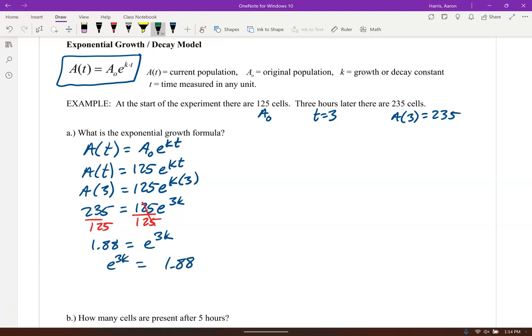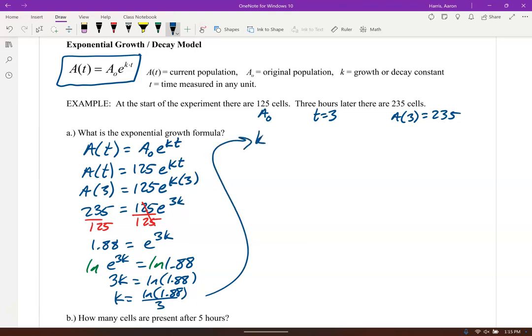Now I've got to undo e, so I'm going to take the natural log on both sides. So 3k equals the ln of 1.88. Now I divide by 3 on both sides. So ln of 1.88 divided by 3, and that's our k.